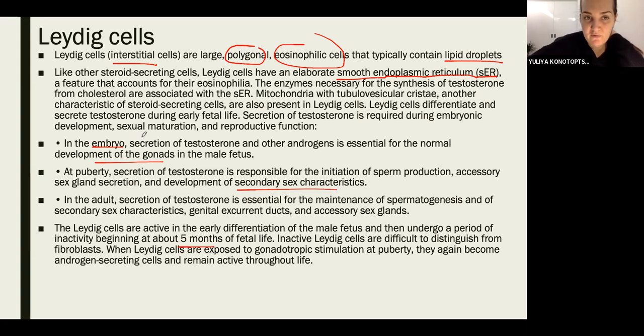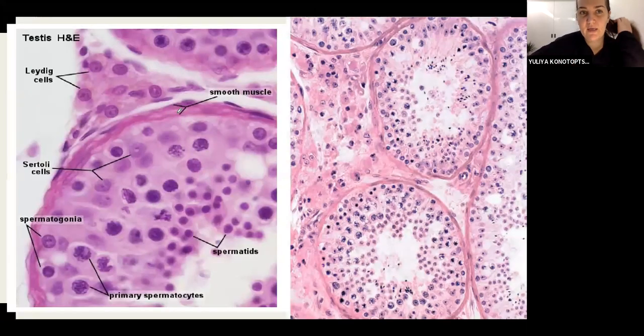So remember, first we make testosterone in the embryo to make a boy, and then we make it at puberty to convert this boy into a man. Okay, so 2 times you make this testosterone. Okay, this part we talked about. Remember, Leydig cells are called interstitial cells because this is technically interstitium. Whatever area is between the seminiferous tubules is called interstitium.